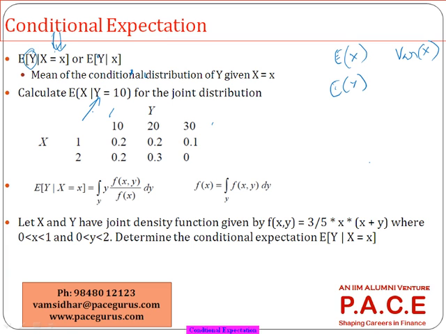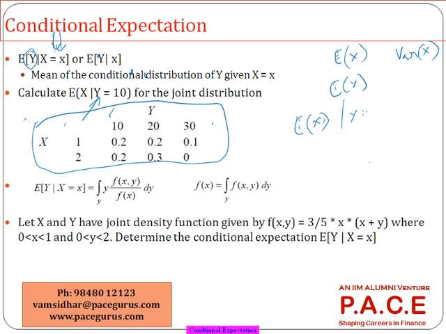So that is the scenario of conditional expectation. Just by taking one example, we can see how we can accomplish it in a discrete case. If I want to find out the expected value of x given y equal to 10, how do I find it out? Whatever we talk about the expected value, we talk in terms of the probability multiplied by the number.